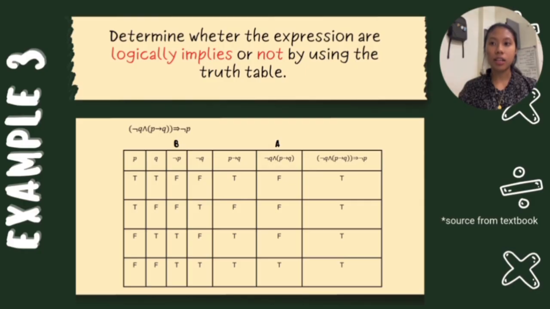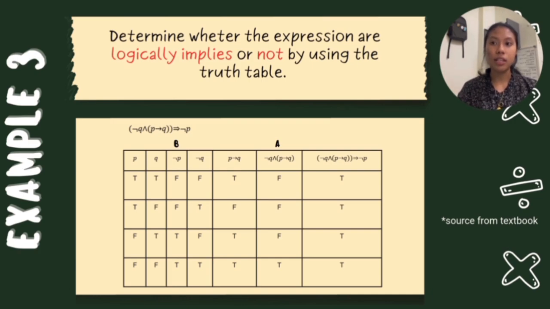For an implication to be false, the antecedent must be true while the consequent is false. However, when we observe the table, we see that whenever the antecedent is true, the conclusion of not P is also true. In cases where the antecedent is false, the implication is automatically true.